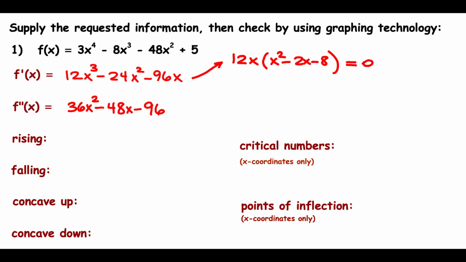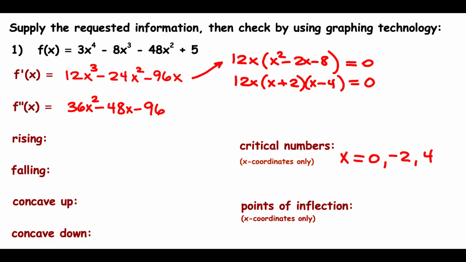It can factor once more. 12x is still out front, but now we get a pair of binomials in the form of x plus 2, x minus 4, which gives us our critical numbers of 0, negative 2, and positive 4.